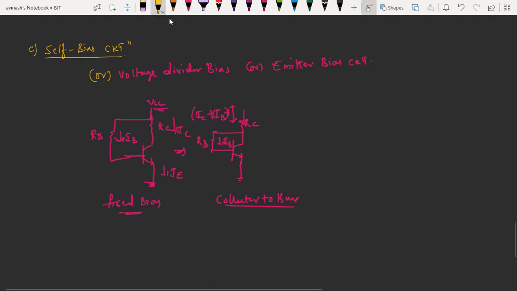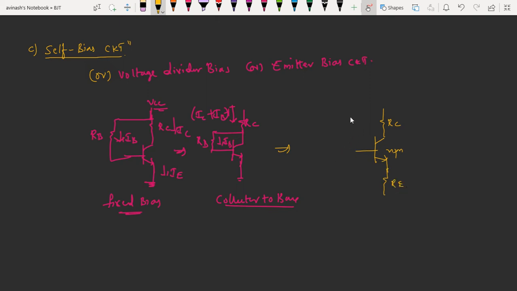But coming to the self bias circuit, it will be like this. You take an NPN transistor, all are NPN transistors. Here we have the collector resistance, and here we also have the emitter resistance.